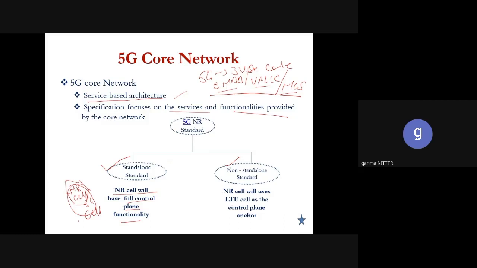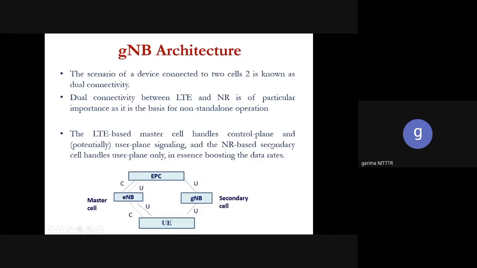You have total coverage, total functionality of 5G communication in the standalone standard. But when we talk about the non-standalone standard, the new radio cell will use a 4G cell as a control plane anchor. So we have two types of 5G new radio standard implementation. In both cases, gNodeB is going to be used.